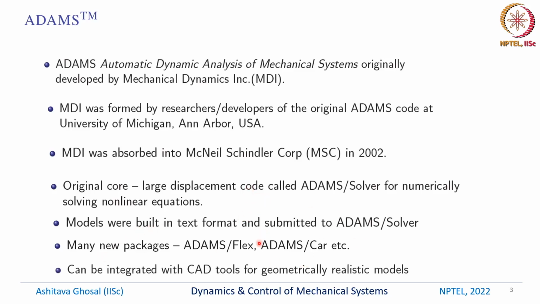The current Adams can also be integrated with CAD tools for geometrically realistic models. So I can have the shape of a car or a wheel or some other mechanical object which is designed using CAD tools, and then that geometry can be imported into Adams, and then this whole mechanical system can be simulated.